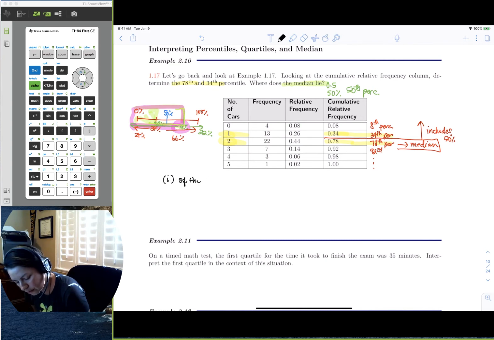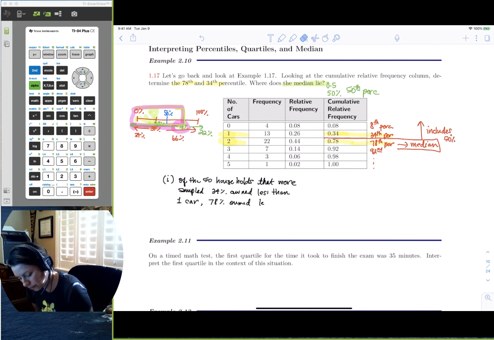Of the 50 households that were sampled, 34% owned less than 1 car, 78% owned 2 cars or less, and 50% owned 2 cars or less.